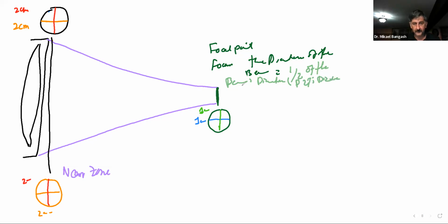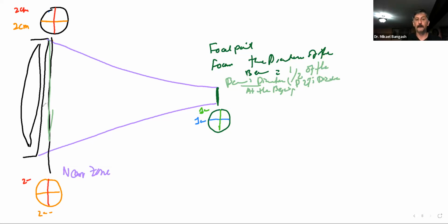When we talk about the beam's diameter, that's at the beginning point, which will be here. Is that clear?